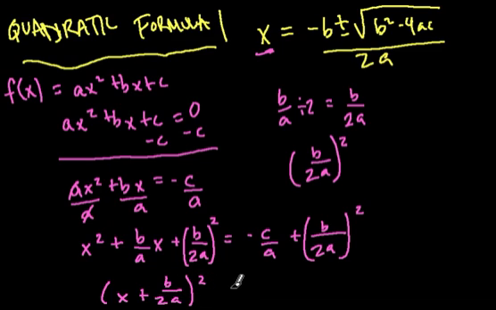And that's the idea of completing the square, if you remember. It's x plus the square root of the constant term here. So that's just x plus b over 2a, that squared equals minus c over a plus b over 2a squared.